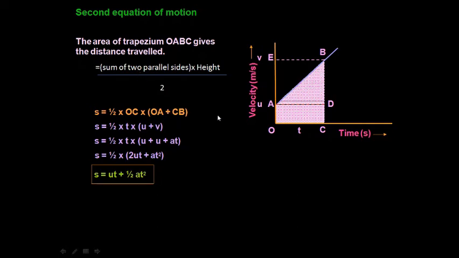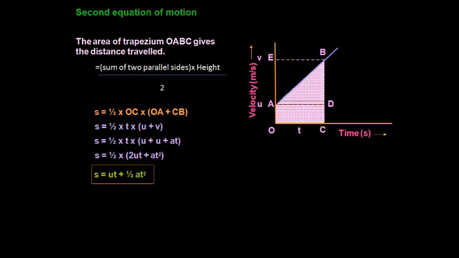Here the parallel sides are OA and CB. So OA plus CB multiplied by height. Don't get confused, this is the height OC, and all these three things are divided by 2.